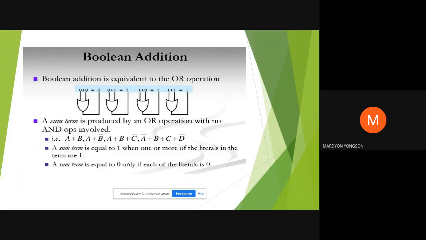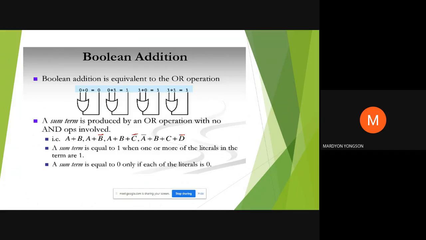And then, a sum term is produced by an OR operation with no AND operations involved. So for example, we have a plus b, a plus complement b, then a plus b plus complement c, a complement plus b plus c plus d complement.